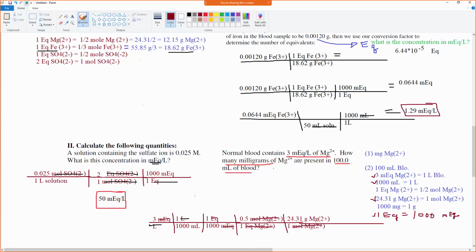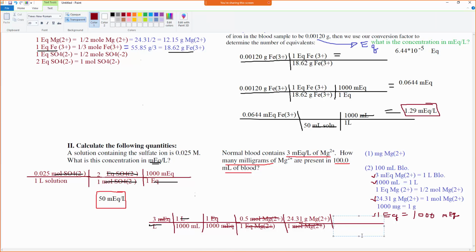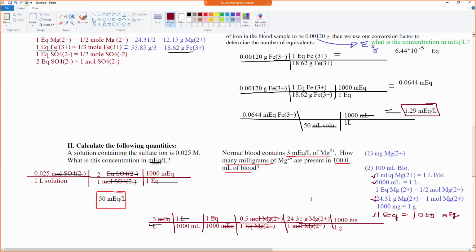And they asked for milligrams, so that's why the next thing Sarah wants me to do is 1,000 milligrams in 1 gram. So my grams cancel. So now I've got milligrams per milliliter.